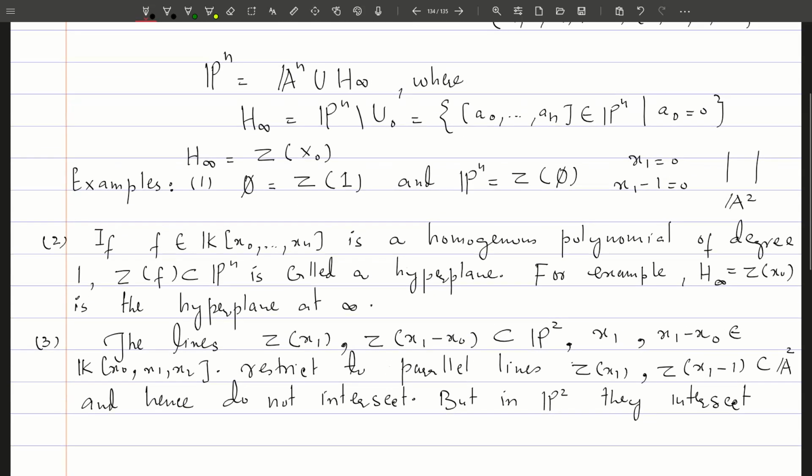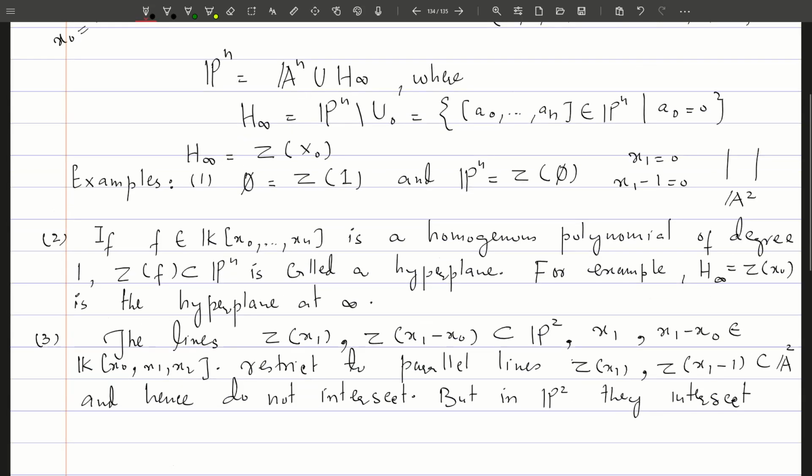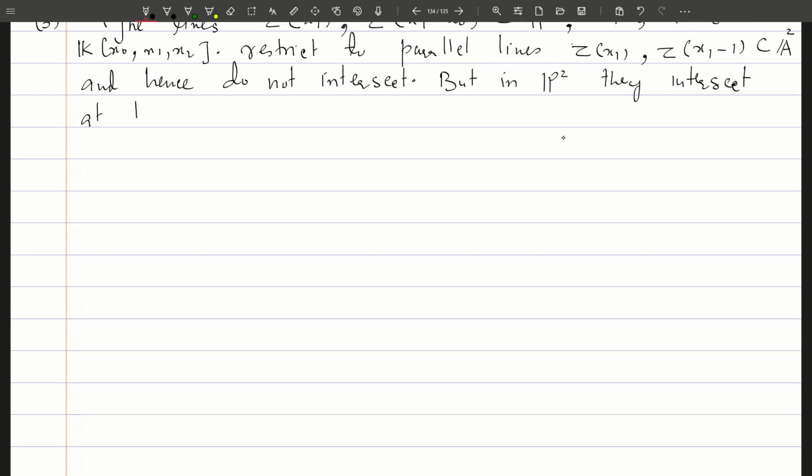If we look at the point of intersection, we have x0 equal to 0 and x1 minus x0 equal to 0. Solving these two, we get x0 equal to x1 equal to 0. So they intersect at the point (0, 0, 1) in P^2.